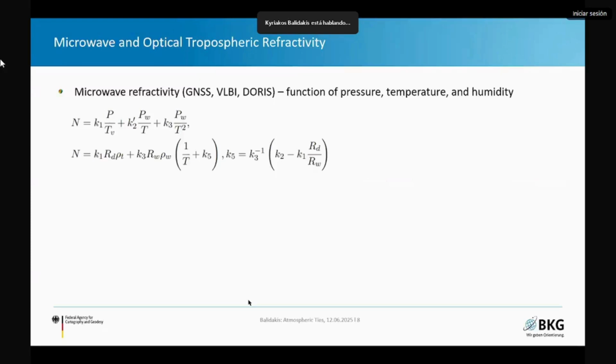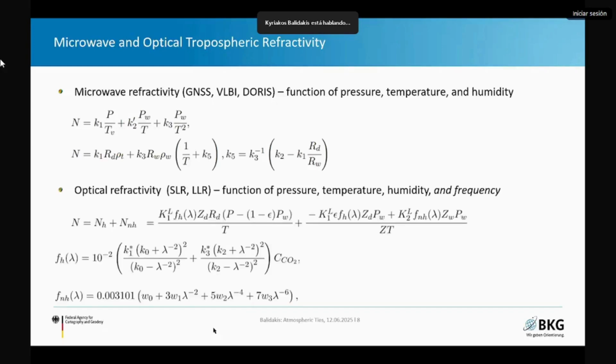To calculate their refractivity, we need pressure, temperature, and humidity. For the optical refractivity, so SLR and also lunar laser ranging, in addition to pressure, temperature, and humidity, we also need the frequency of the signal. So the delay is frequency dependent.